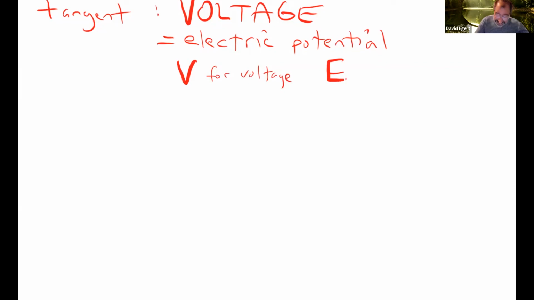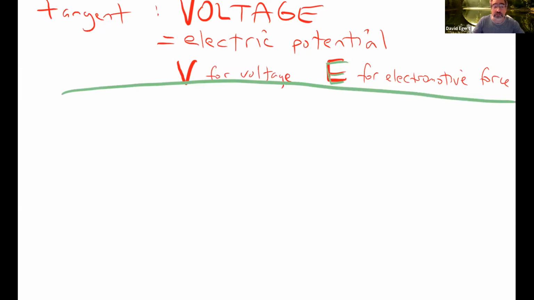Sometimes we use an E as a letter to represent voltage, kind of, for electromotive force. Sometimes you'll see the letter E representing voltage, and you're like, why is an E for volt? It's because through history, this was accepted as a thing for voltage. So let's talk about what is voltage.